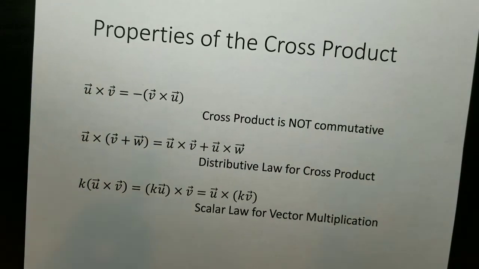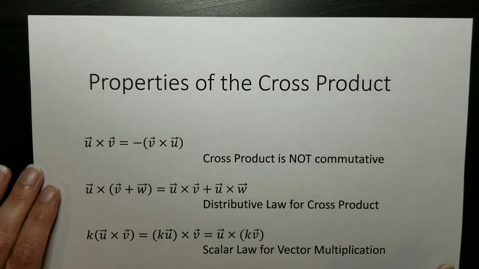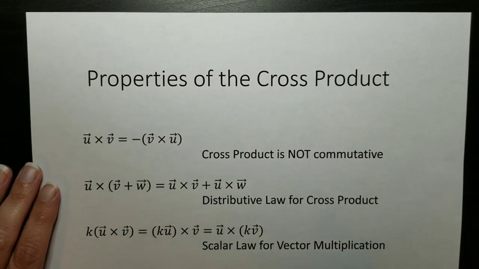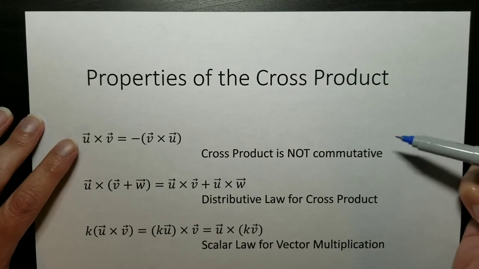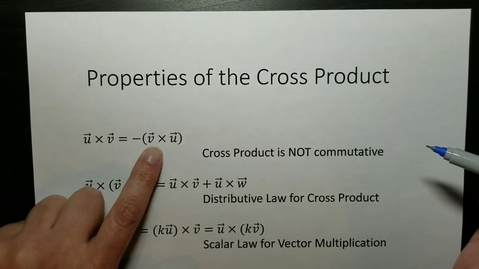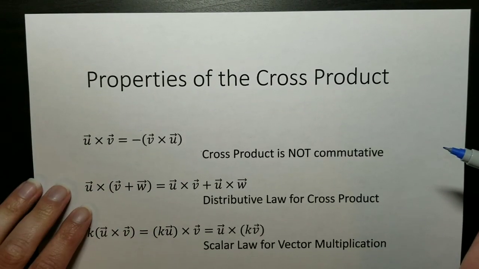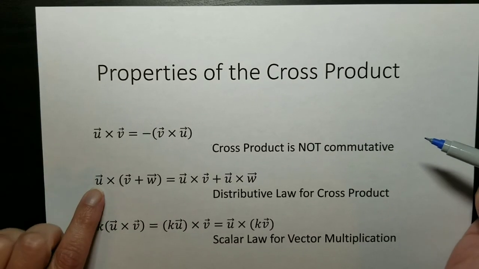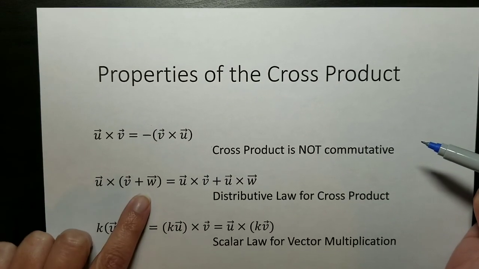And just to take a look at a few important properties for the cross product, that's the first one. It's not commutative, but it is the negative if you switch the two vectors' order. Distributive law for cross product absolutely still works.